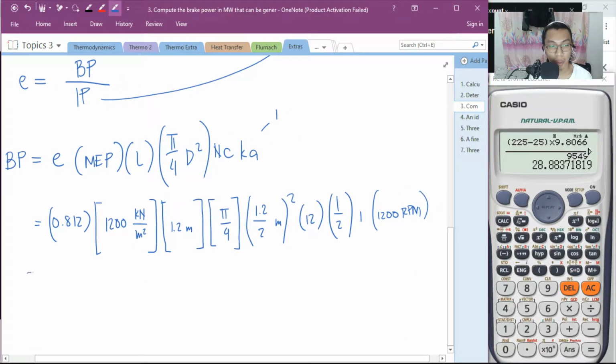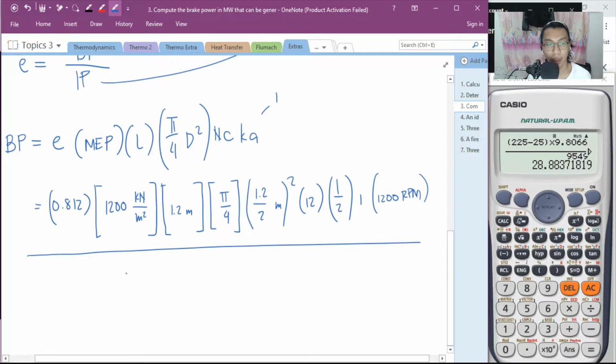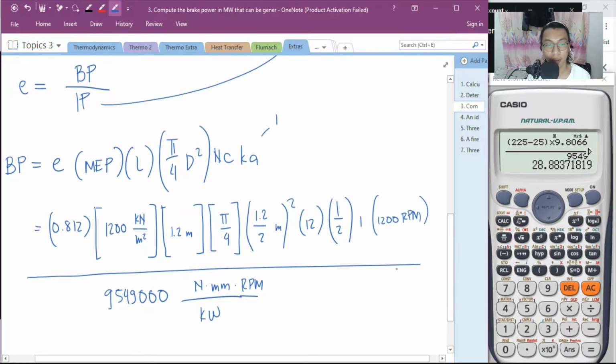Ang problema, naka-kilonewton yan. Kailangan natin is the factor 9,549,123 Newton millimeter per kilowatt RPM. Dapat maging kilowatts muna. Ito kasi matitira. Tignan nyo. Meter squared, ayan, dito nakuha. Tapos yung RPM, Newton, millimeter.